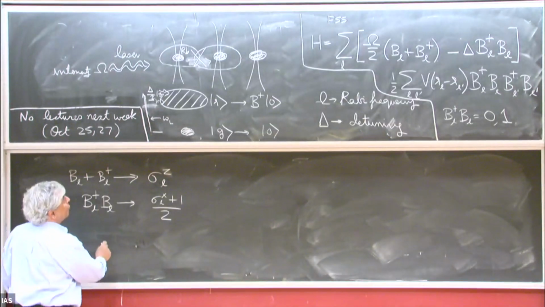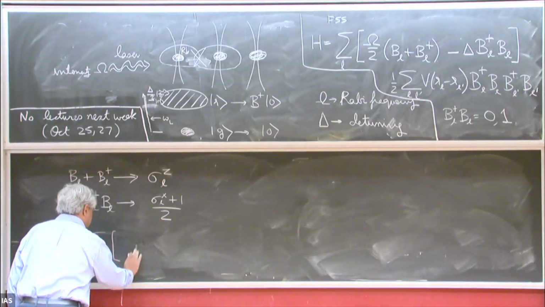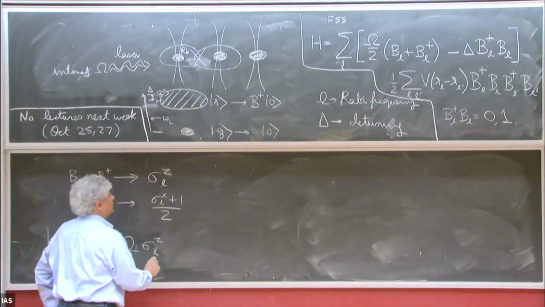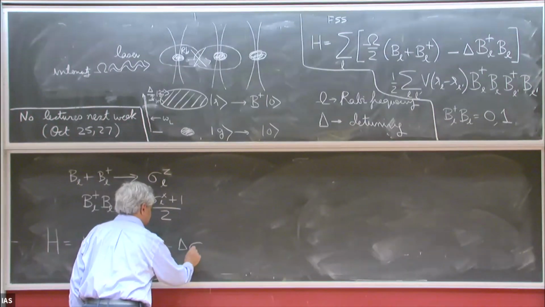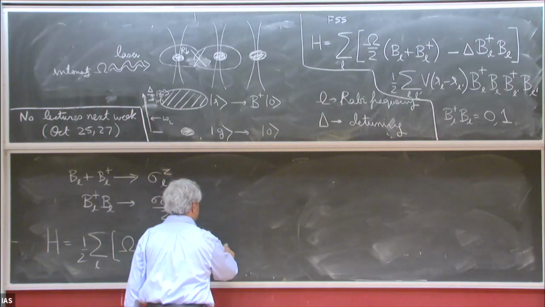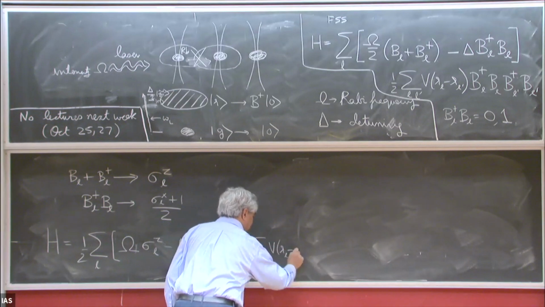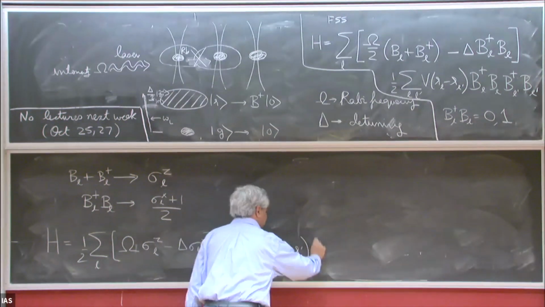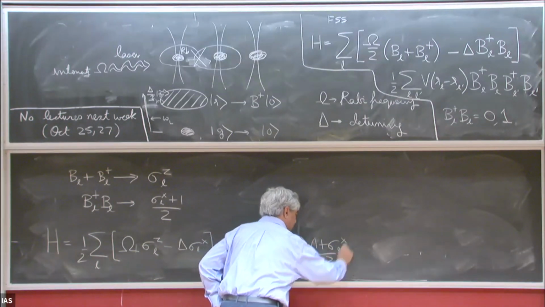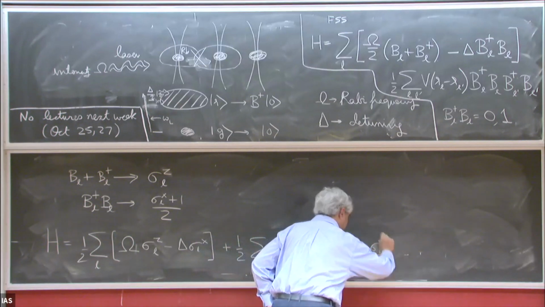Okay. Again, so far, I have omega sigma Z minus delta sigma X. And then I have this term, V of L L prime times (1 plus sigma X L) over 2 times (1 plus sigma X L prime) over 2.